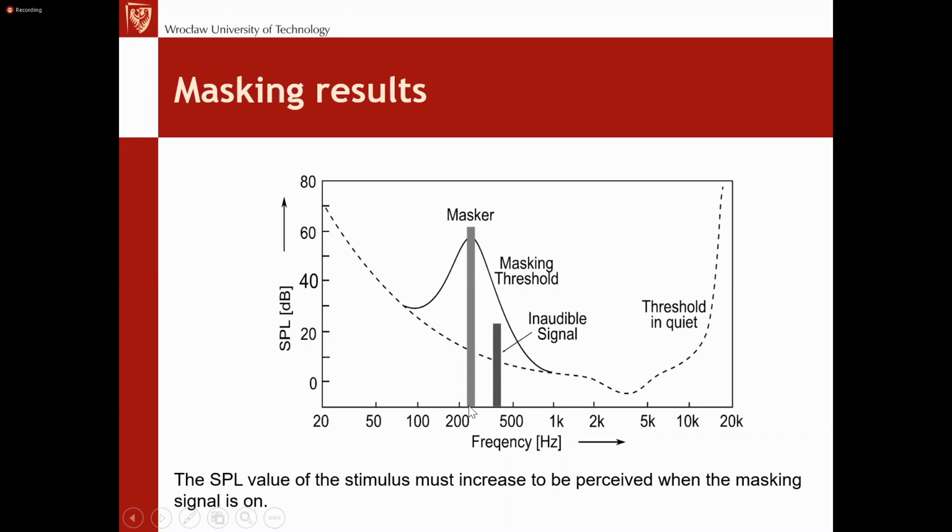And when the masking signal starts to work, the threshold of hearing near the masking frequency goes up, and you can find that the original signal, firstly audible, becomes inaudible because its sound pressure level is lower than the hearing threshold in the case of the masker.